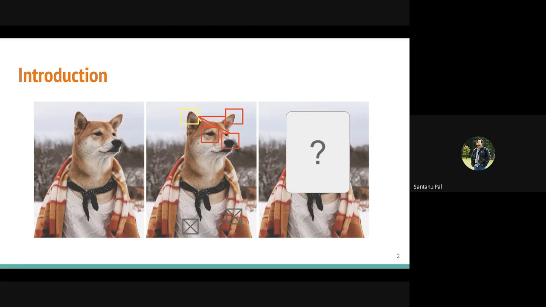We can easily say that this is a dog, but we can't say that the dog is on the background, like some snowy ground or some forest on the backside. So our focus is only on identifying the dog. This is mainly how we can define attention: focusing somewhere where we can easily identify or match the object.